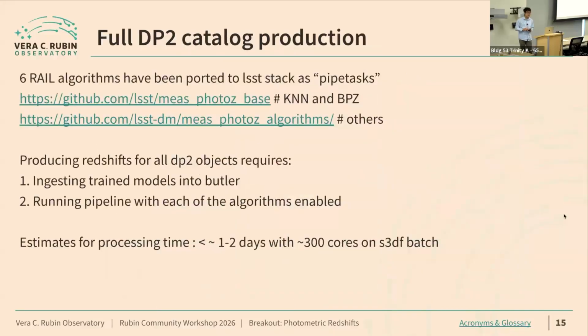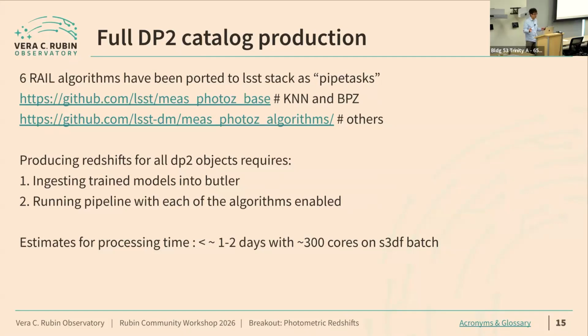So for the DP2 production, we're running 6 Rail algorithms in the so-called pipe task, which is in the DM stack language. So the KNN and DPZ are wrapped in the MIAS PhotoZ base package, and the other algorithms are in a different package.